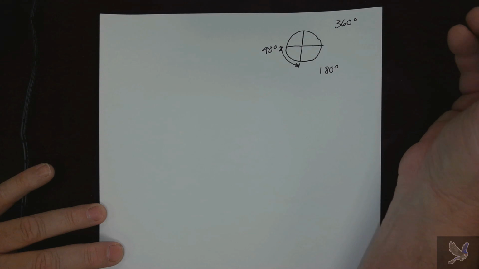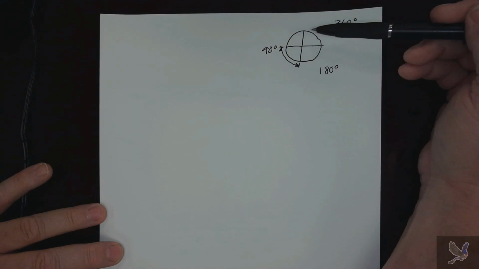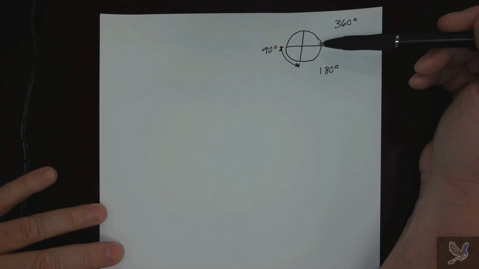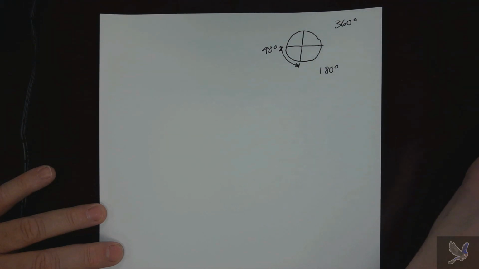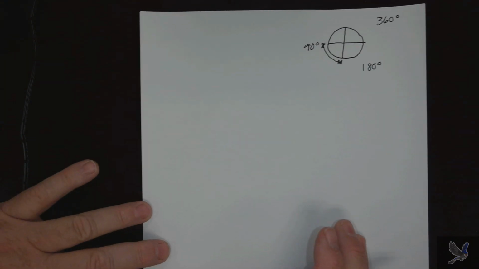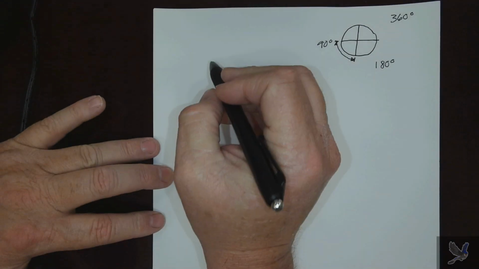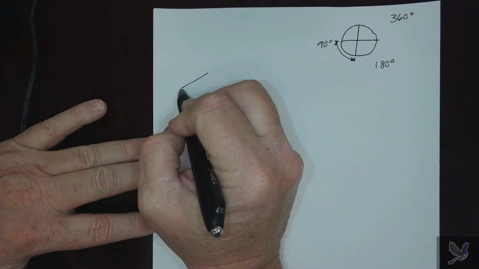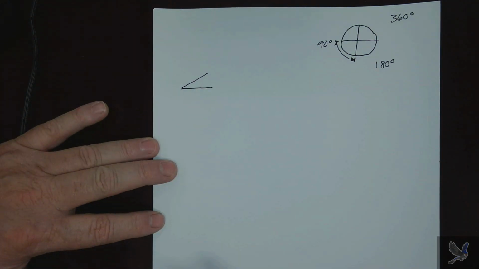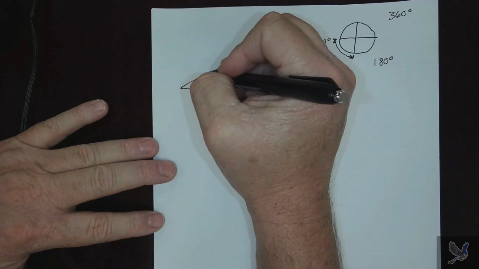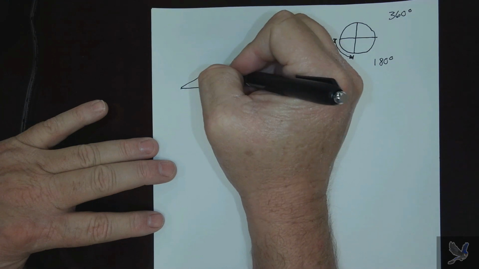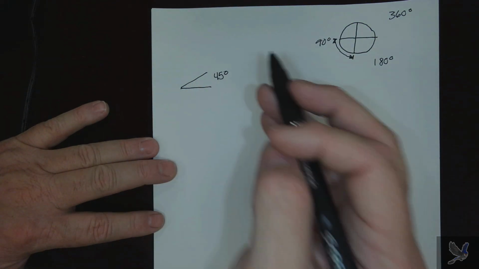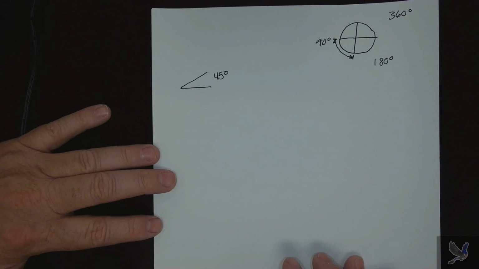Before we move on, just remember all of our bending is going to be based on a portion of a circle. Now let's take a look at the type of bends we can make. If we make a bend such as this one, and let's call this one 45 degrees. It may not be perfectly drawn, but we're all getting it.